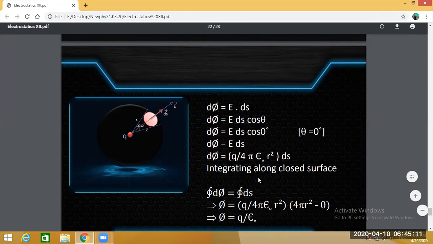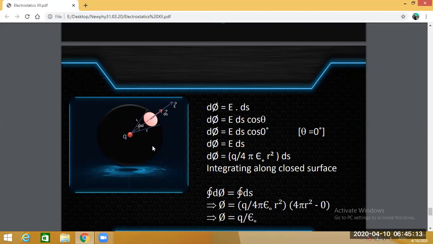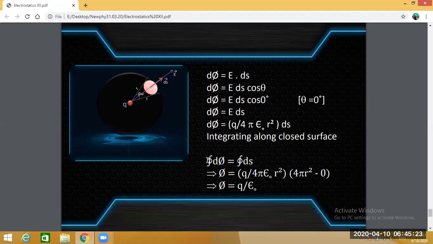Now integrating along the closed surface in order to have electric flux through the entire surface, the Gaussian surface. This is an imaginary surface which is called a Gaussian surface. So integration, I have already told you that the circle indicates integration through the closed surface, those closed surfaces which enclose the charge.